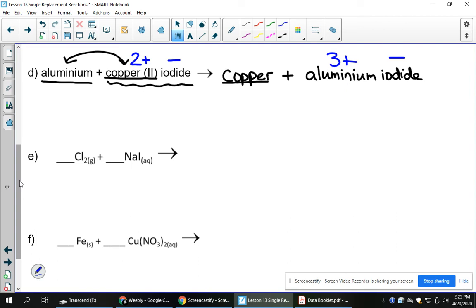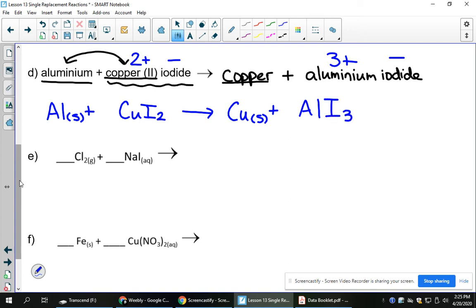Here's the solution. Aluminum solid plus copper 2 iodide makes copper solid plus aluminium iodide.